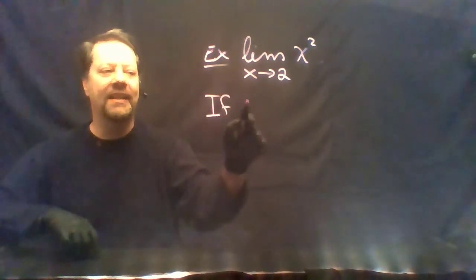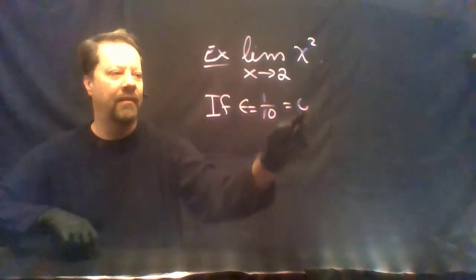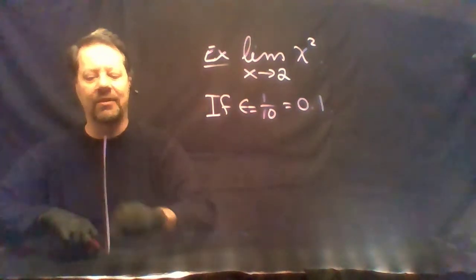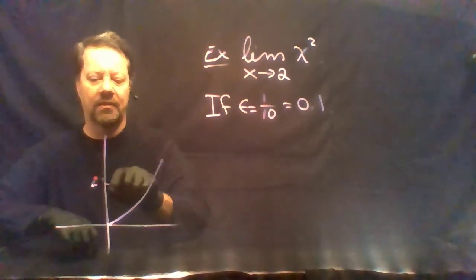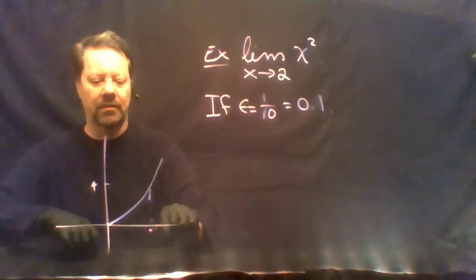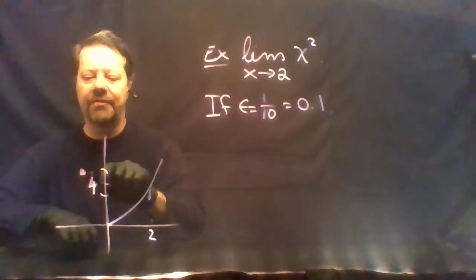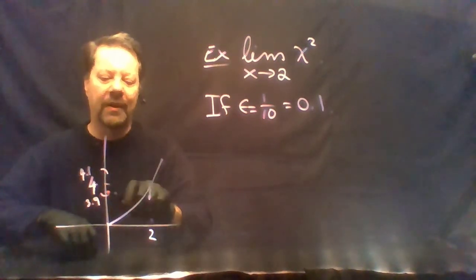Let's try that again, but we'll choose a smaller value for epsilon. So now we're choosing a neighborhood that goes from 3.9 to 4.1.